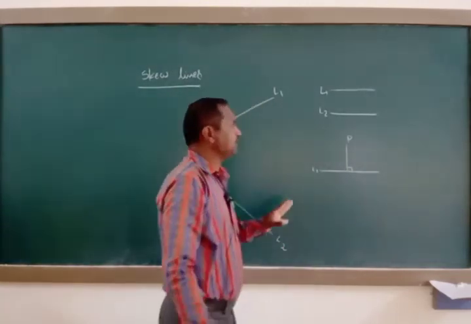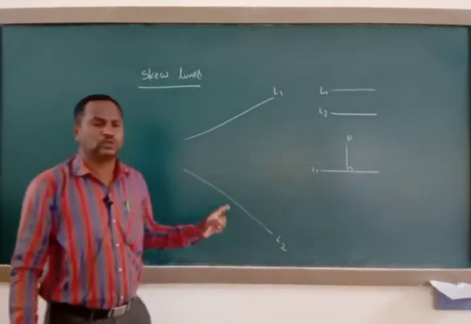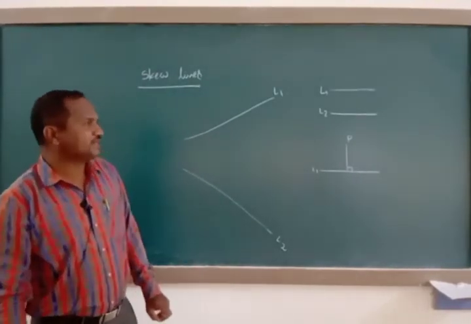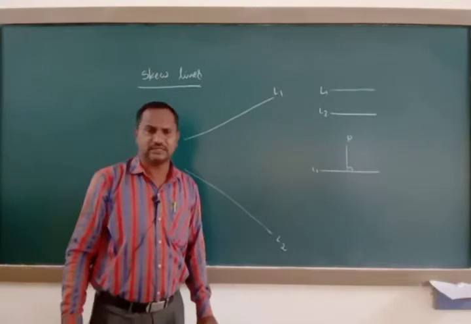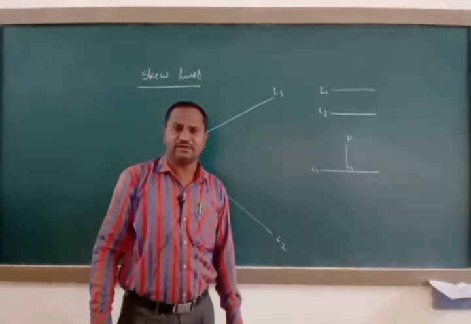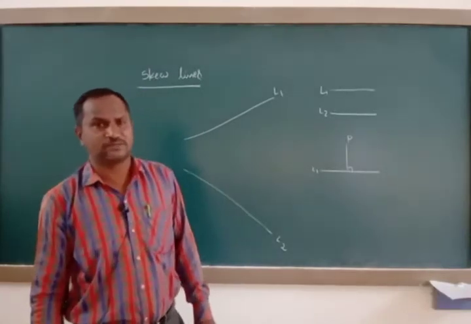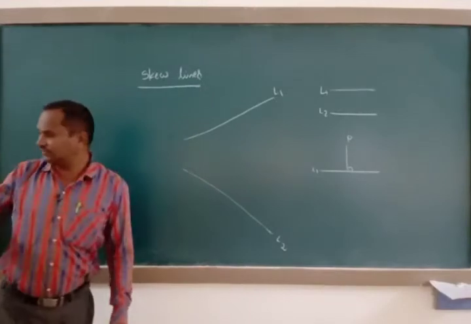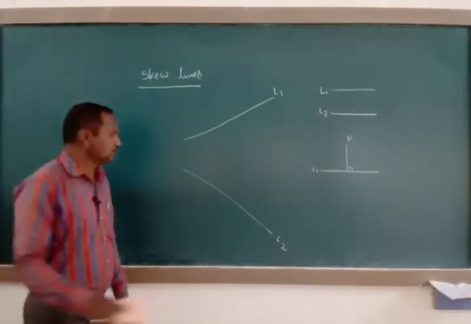Similarly, here also one formula is there to find the distance between the skew lines L1 and L2. That is a theorem. Based on that theorem, we are going to derive the shortest distance between the skew lines.